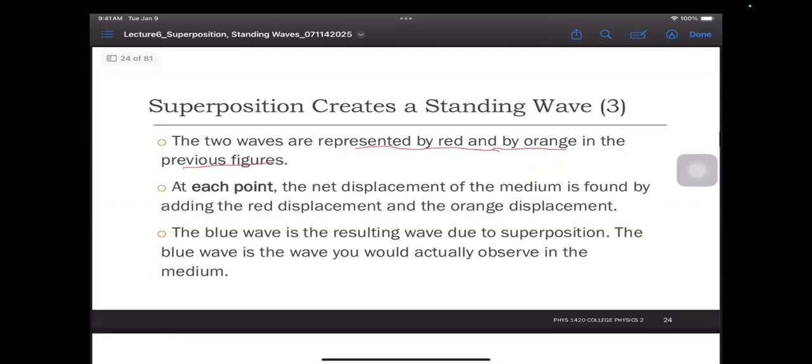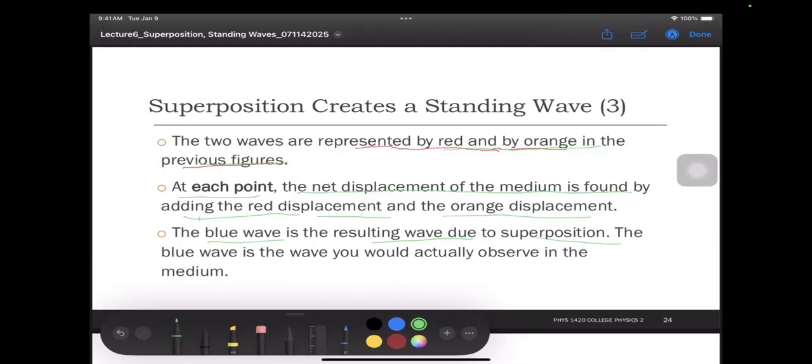The two waves are represented by red and orange in the previous figures. At each point, the net displacement of the medium is found by adding the red displacement and the orange displacement. The blue wave is the resulting wave due to superposition. The blue wave is the wave you would actually observe in the medium.